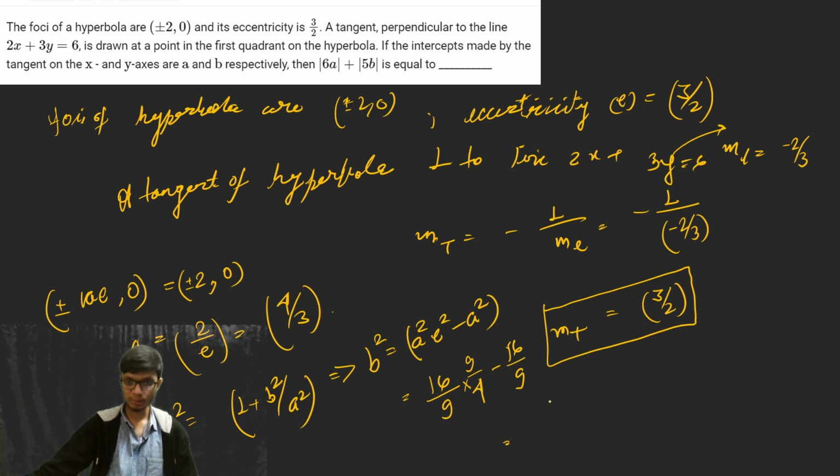If you solve this, it comes out as 20 by 9. So b square is equal to 20 by 9.